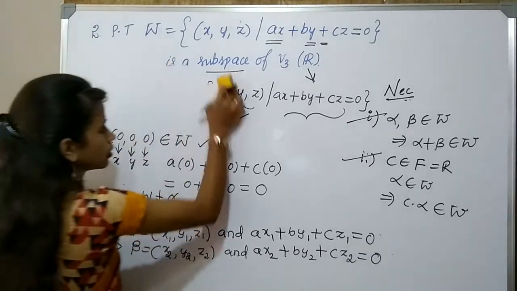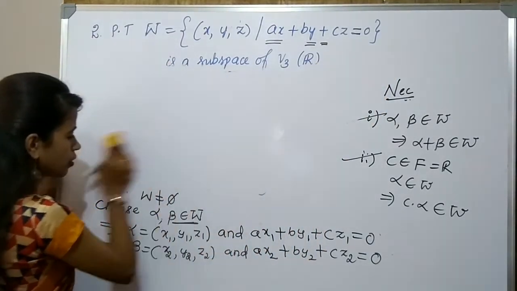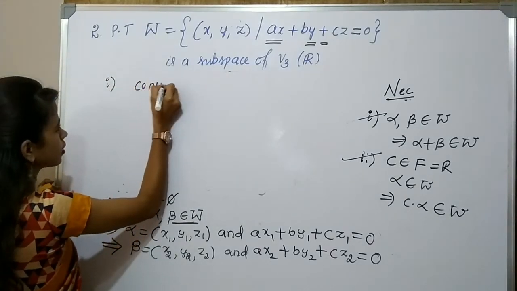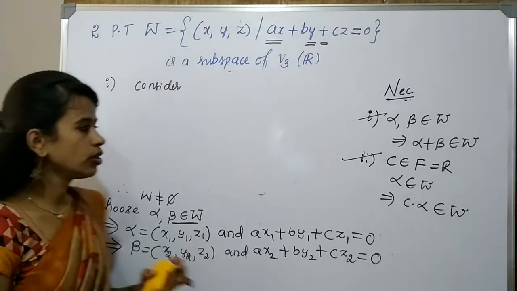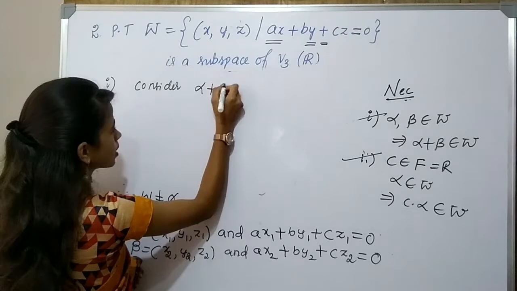Okay. So now let us check the first condition. What we have to show is that their sum must belong to W. For that I am considering alpha plus beta.